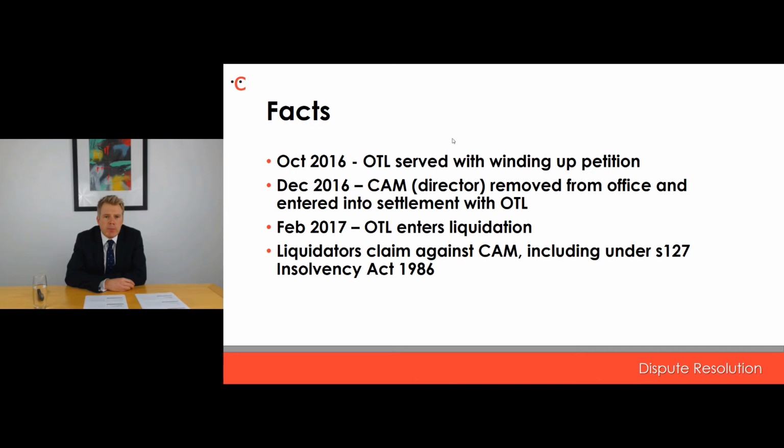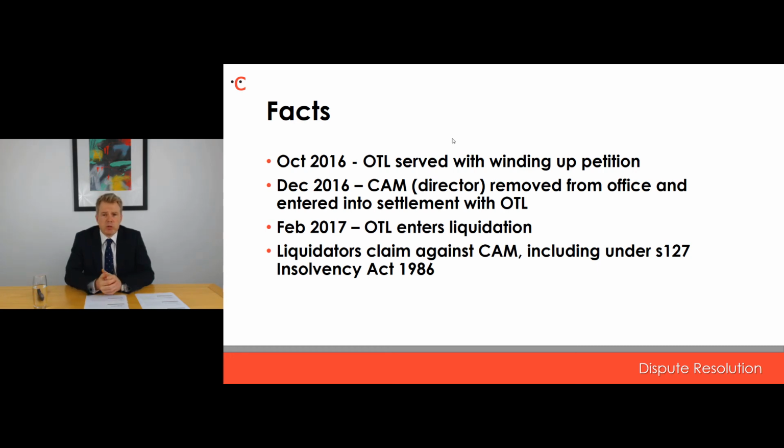In February, so four months or so after the winding up petition was served, the company OTL entered into liquidation, and the liquidators brought a claim against the director. They also alleged that the settlement between the director and OTL in December 2016 was void under Section 127 of the Insolvency Act.